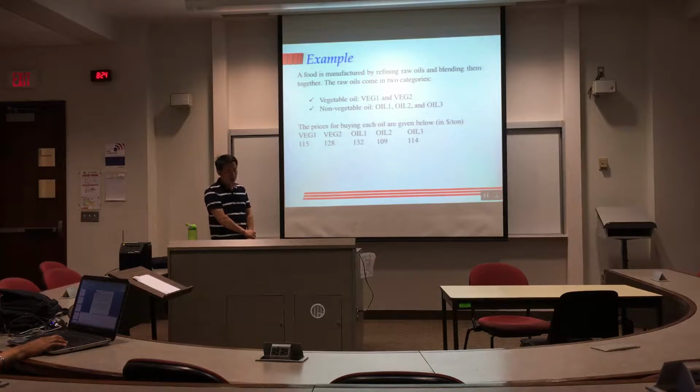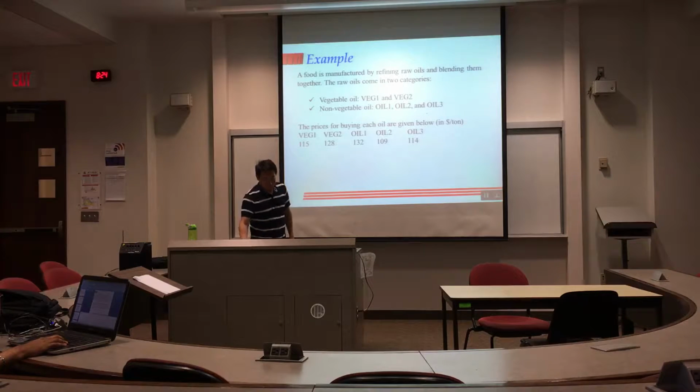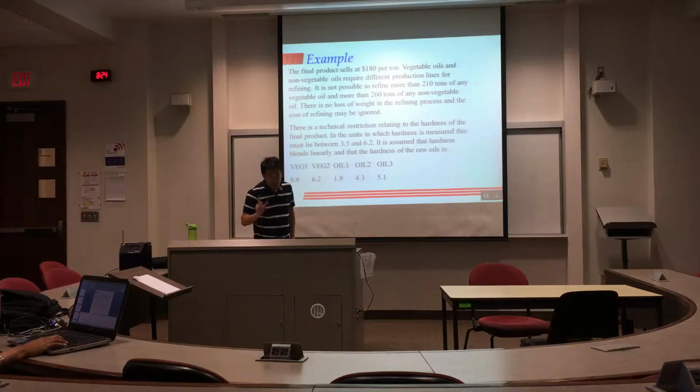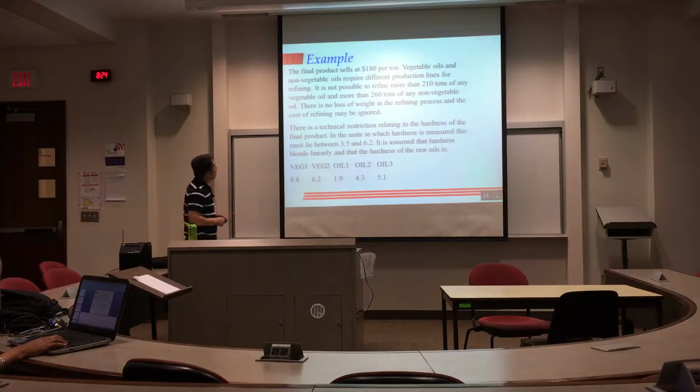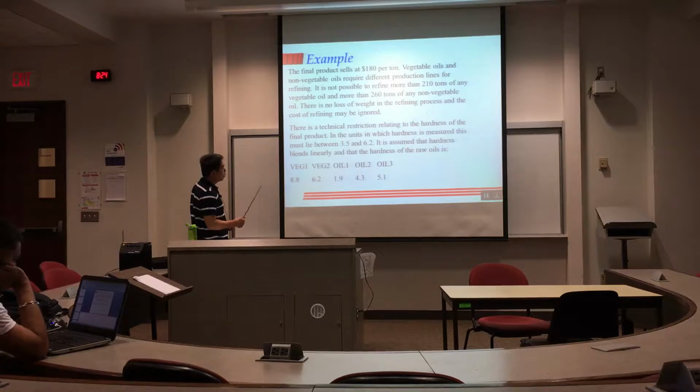They have the prices for each oil, and you make the product, if the price is 180, and you have different constraints about those oils. You cannot refine more than 210 tons of any vegetable oil, and you cannot refine more than 260 tons of any non-vegetable oil.